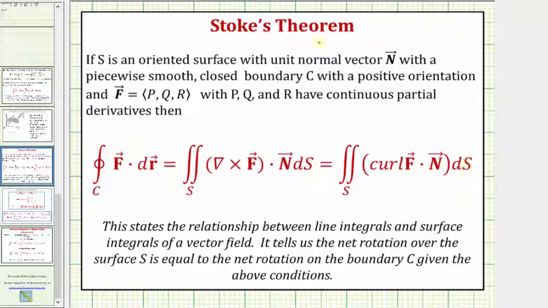So under these conditions, Stoke's theorem tells us that the net rotation over the surface S is equal to the net rotation on the boundary C, given these conditions apply.